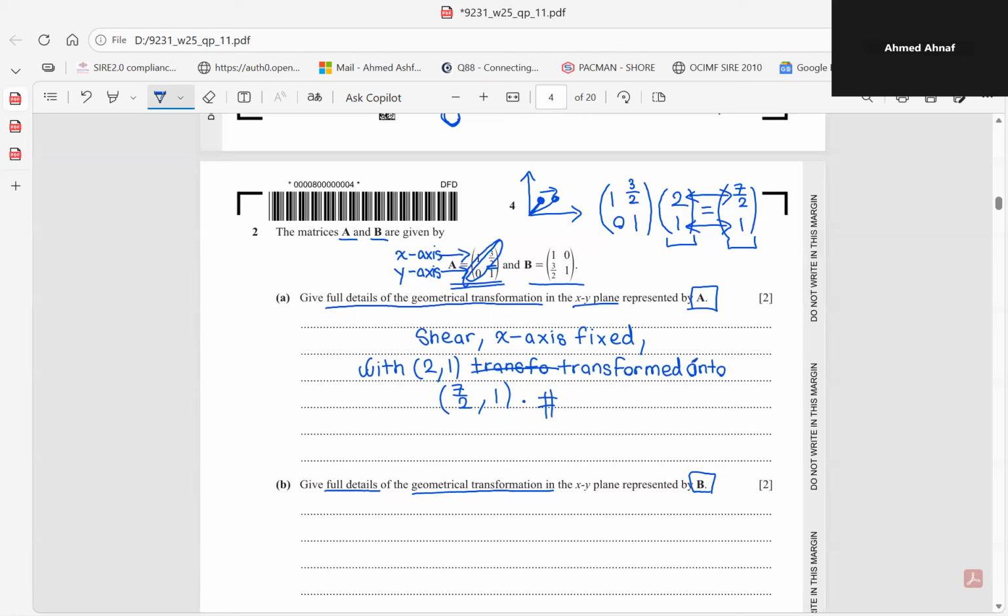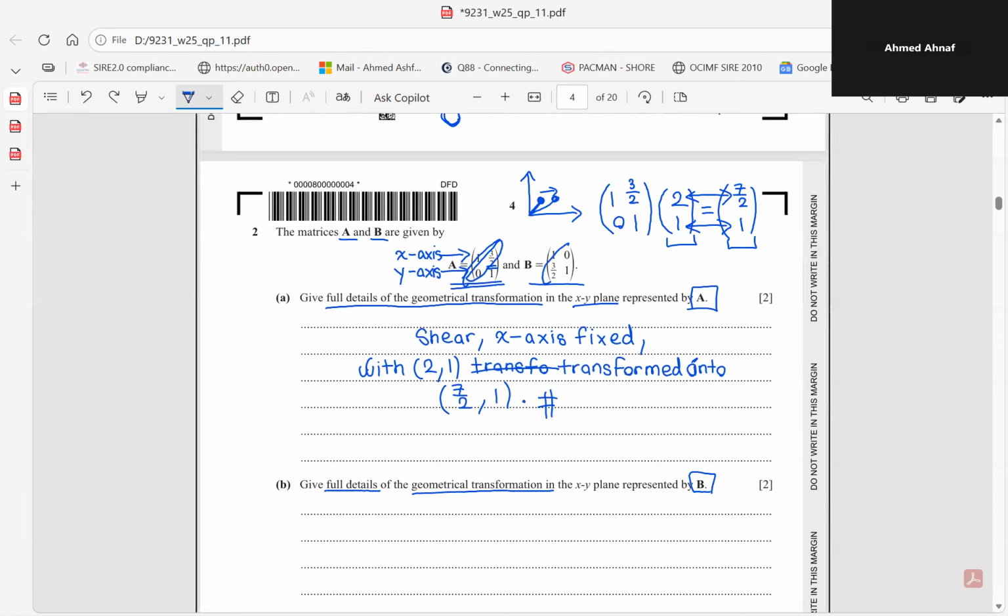First check this diagonal. You can see both of them are 1. If both of them are 1, that means there's no stretching in the x and y directions. Okay, so that is done. Now check this other diagonal. You can see that it's the opposite.